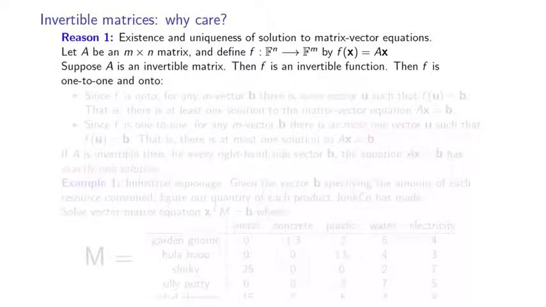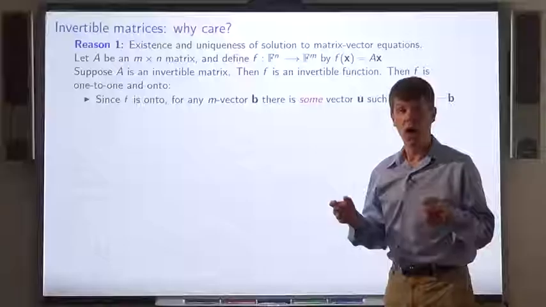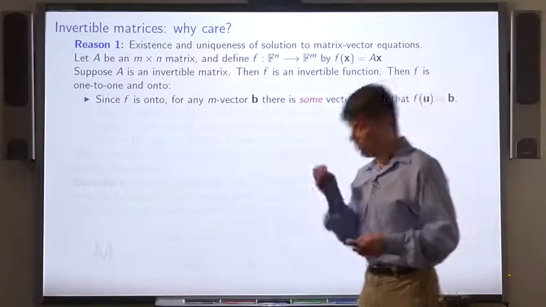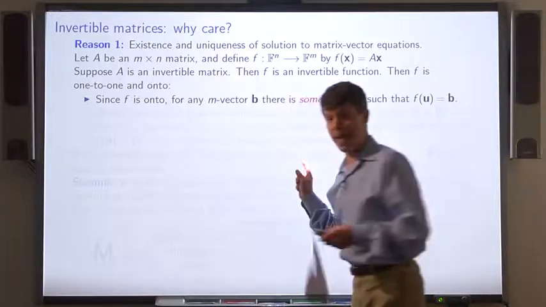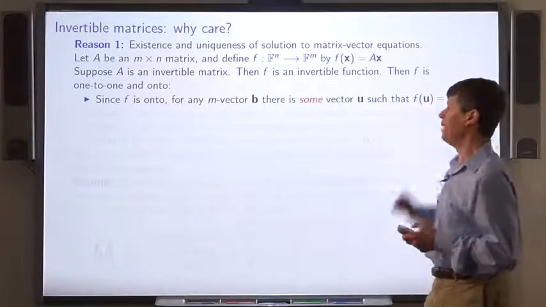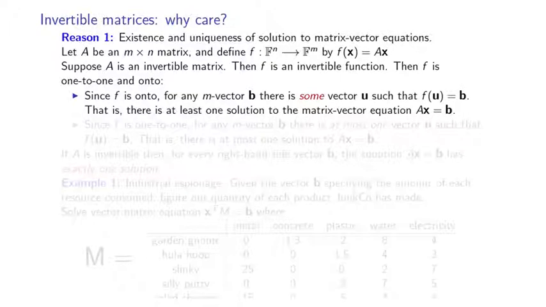Then f is an invertible function. That is, f is 1 to 1 and onto. Since it's onto, for any vector b in the codomain of f, there's some vector u in the domain of f such that the image of u under f is b. That is, there's at least one solution to the matrix vector equation Ax equals b.